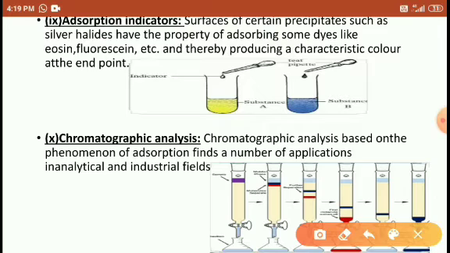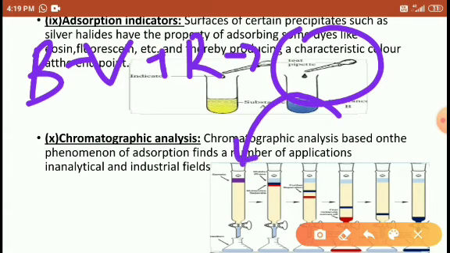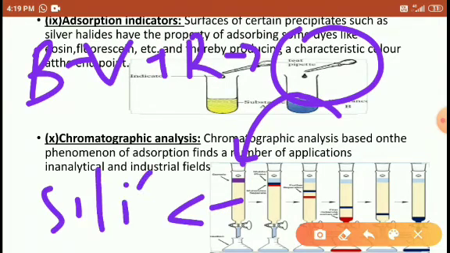In this burette we are adding the color mixture. What colors are we using now? The blue, violet, red, etc. color mixture I am using here. I am adding this mixture here, right. Here I am adding the silica in this burette. So silica absorbs the colors blue, violet, red.